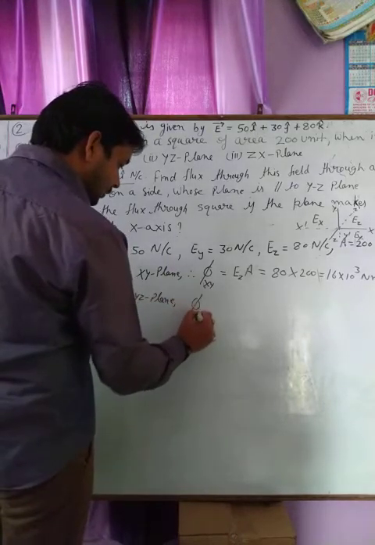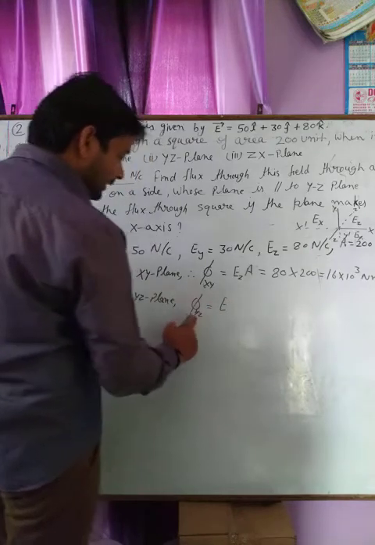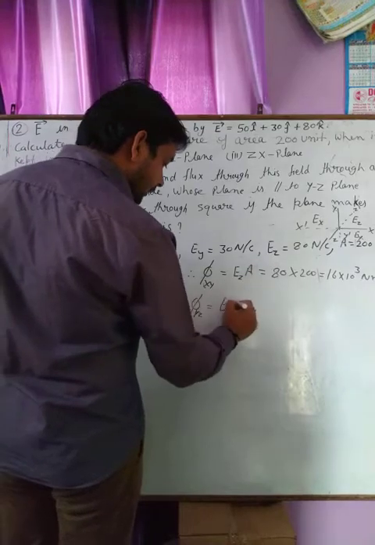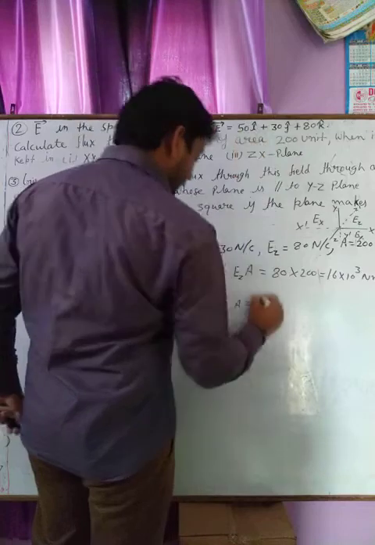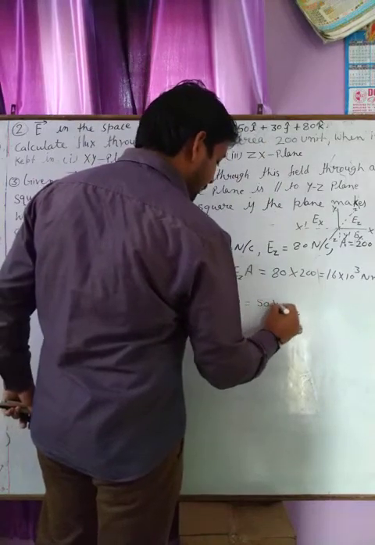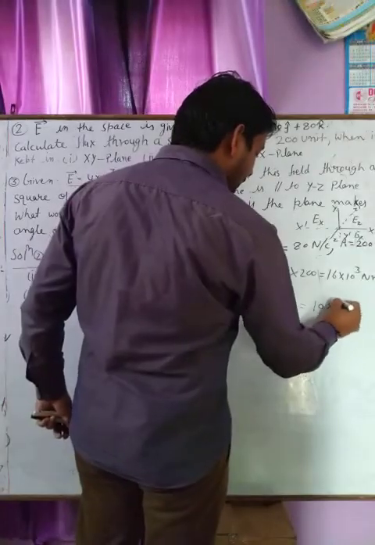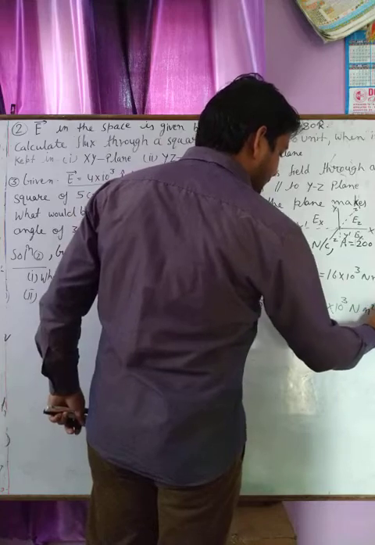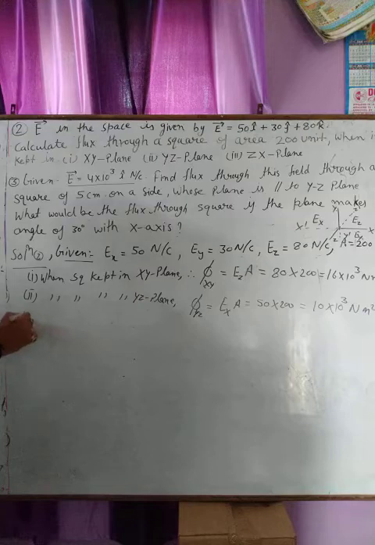The flux passing through the YZ plane is the value of Ex into A. We have 50 into 200 and we get 10 into 10 to the power 3 Newton meter square Coulomb inverse.